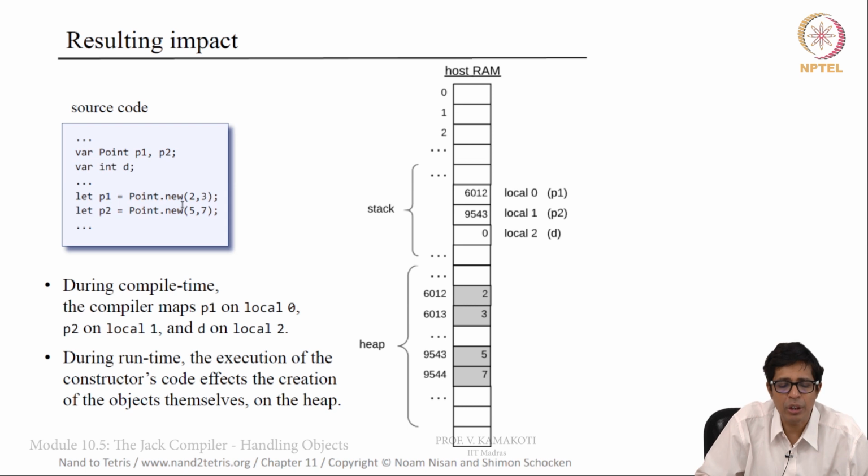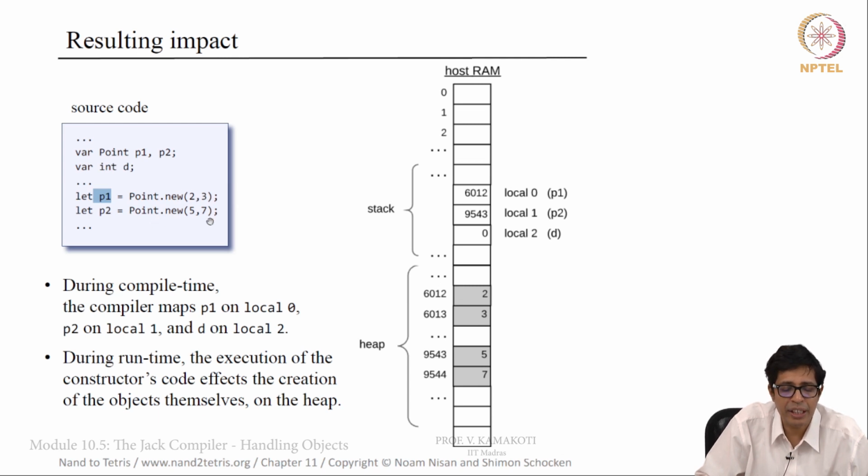When we call this function point.new 2, 3, the operating system will allocate 6012 for it, and in 6012 and 6013 it will store 2 and 3, and it will return back the value 6012 here. And so this P1 will get the value 6012.